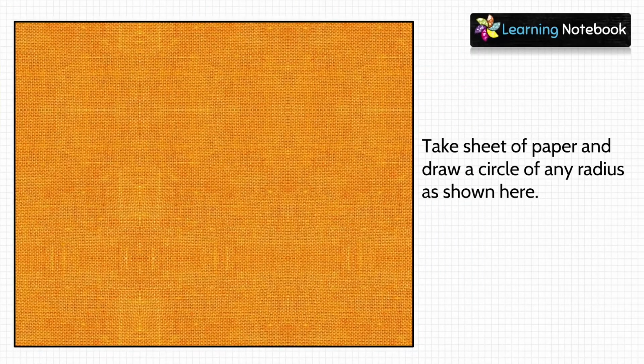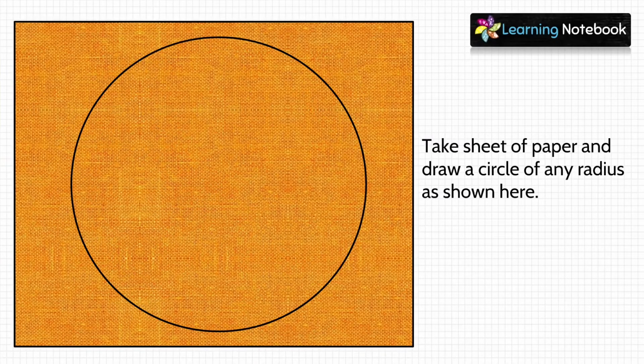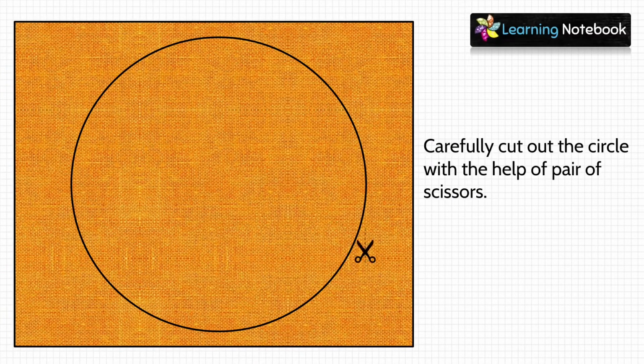Now we will take another sheet of paper and this time we will draw a big circle on it. And again we will cut out this circle using pair of scissors.